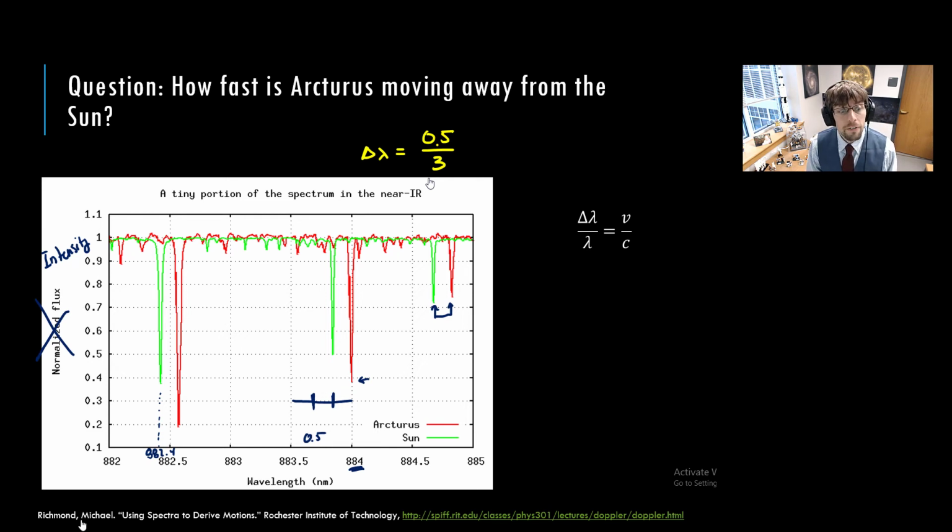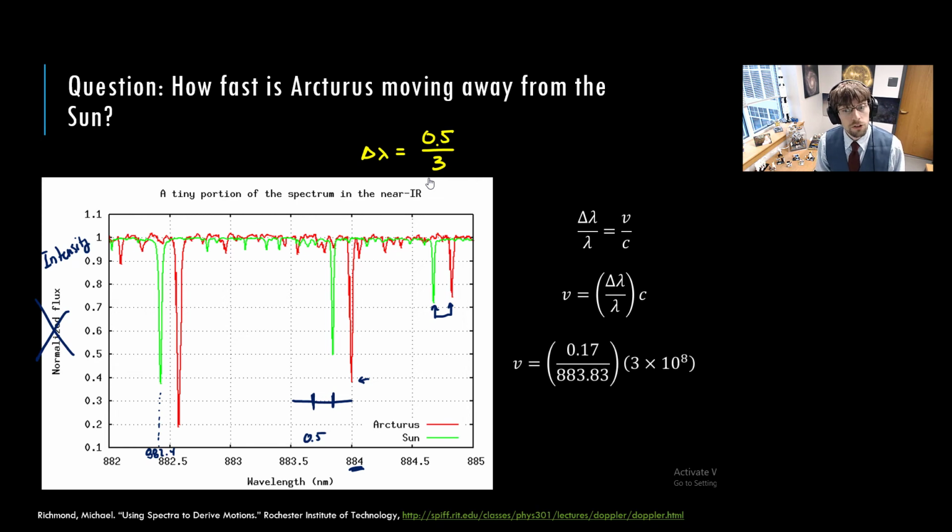We have estimated the shift in the spectrum of Arcturus with respect to the sun. So I can now find the speed of Arcturus. I have rearranged the equation, just simply multiplied both sides by c. And now we're prepared to throw in our numbers. We have our shift, 0.17.